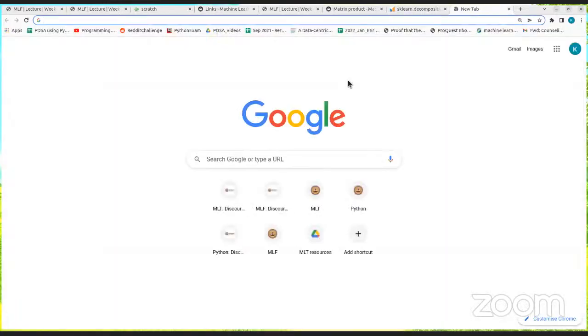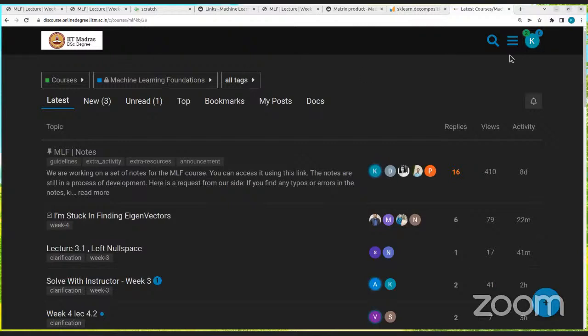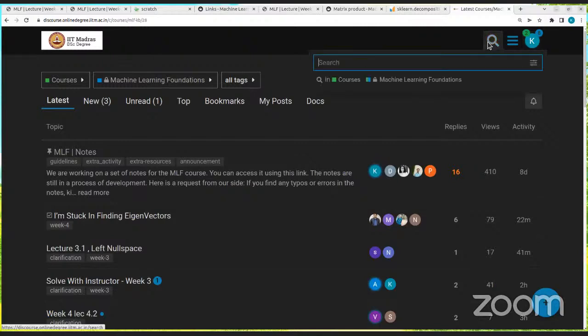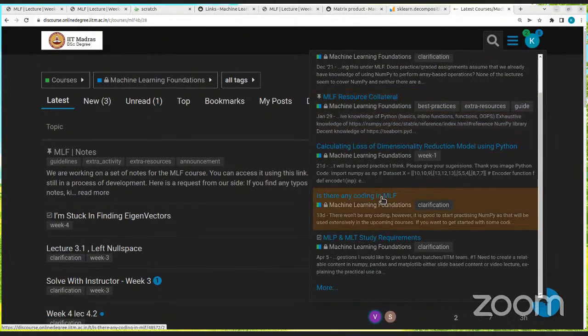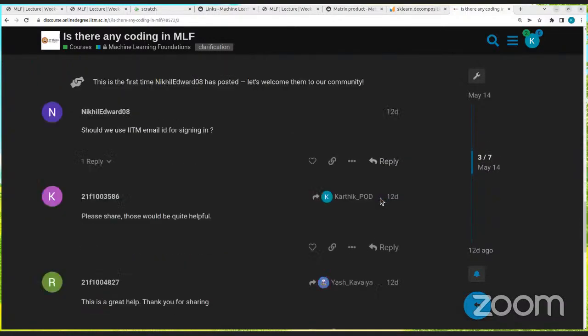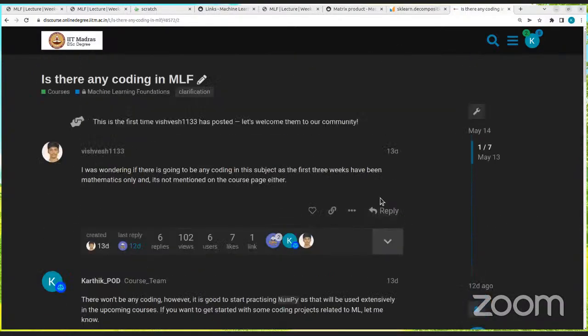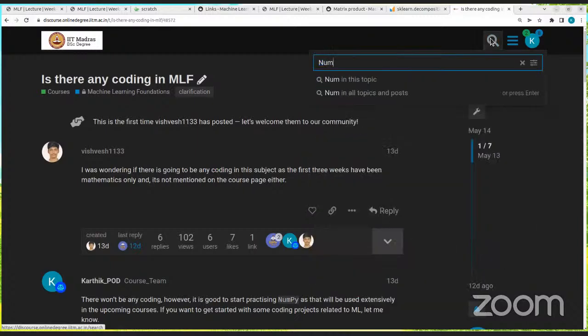Okay, so NumPy, see, in Discourse I shared one resource. I don't remember where it is.